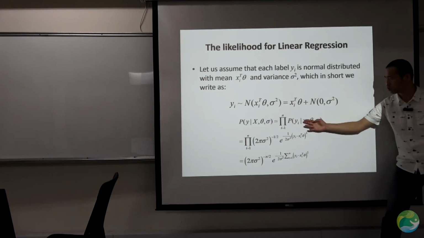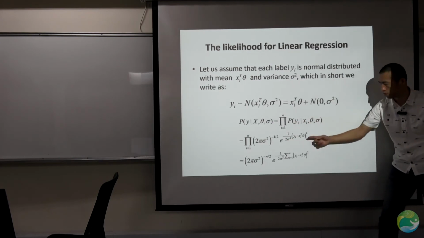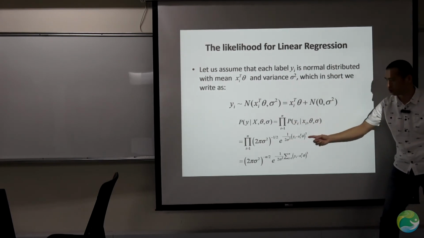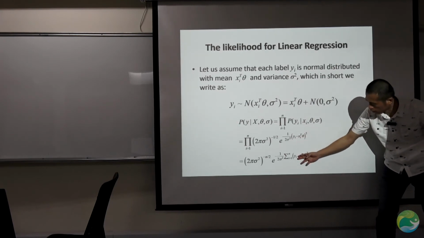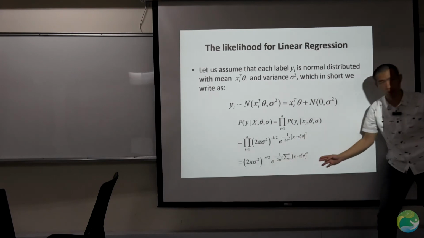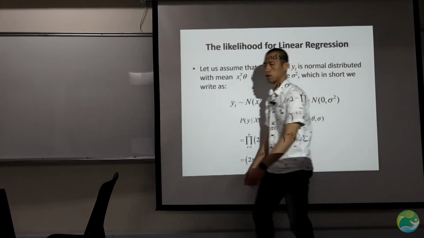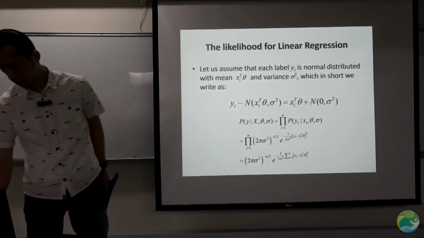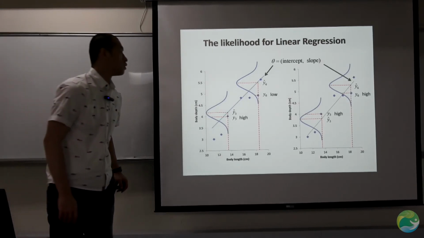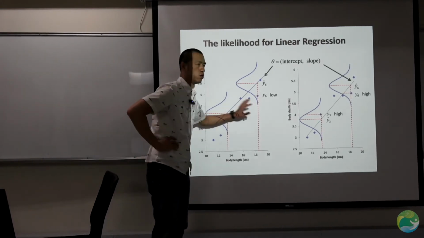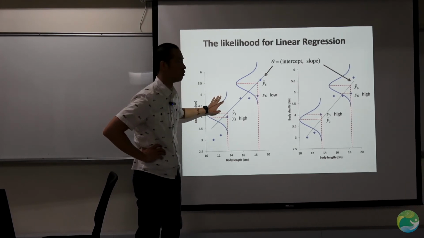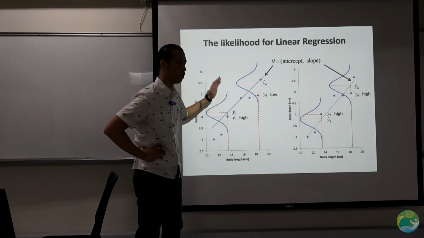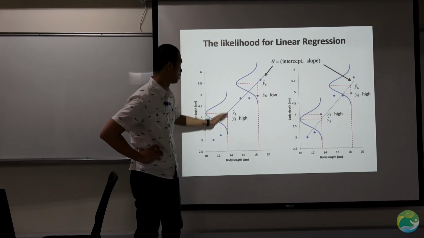Here we just spell out the PDF for normal, right? And this one finally comes to this one. Okay? So these two cartoon plots just tell you the likelihood of two different alternative hypotheses.